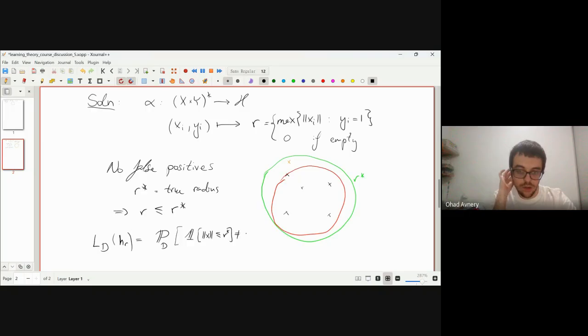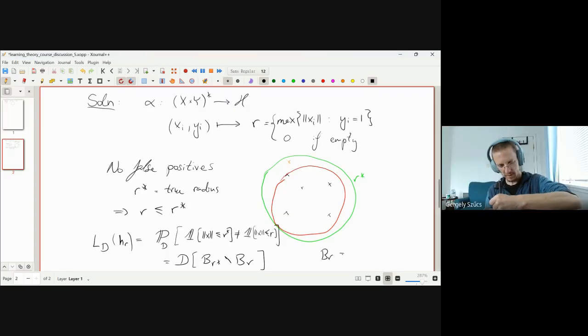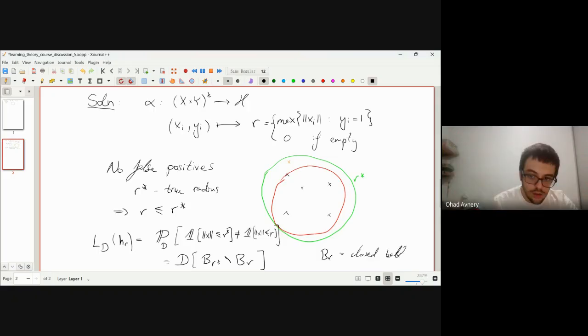Yes, so that's the true value, and the guessed value is the same with R instead of R star. And then because R is less than or equal to R star, that's exactly the measure of the difference between the two balls, BR star minus BR. Okay, BR is a closed ball. Yes.